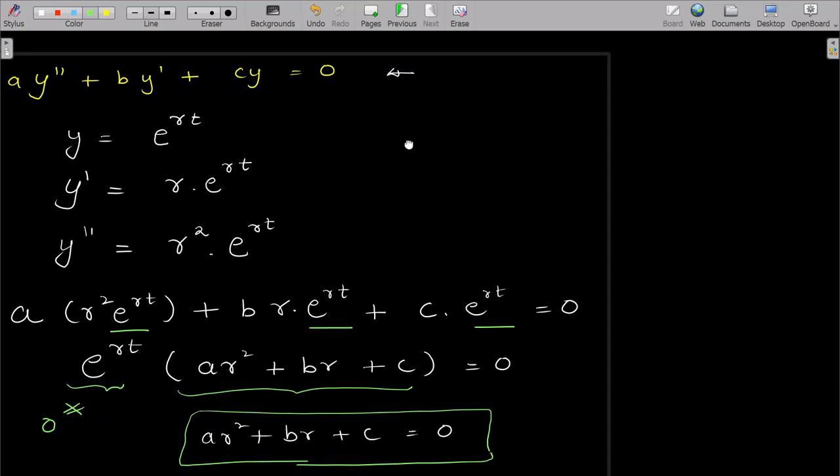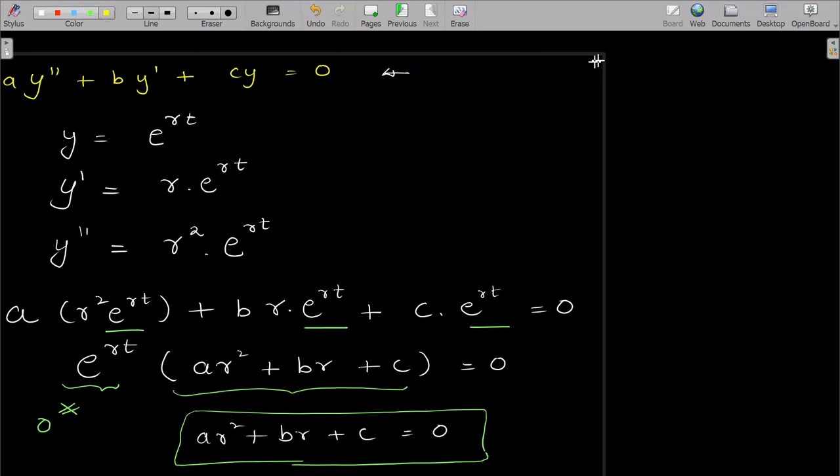Okay, I'm going to write the problem right here so that you can compare everything. So we have a second order homogeneous equation. I also wanted to explain what homogeneous means.